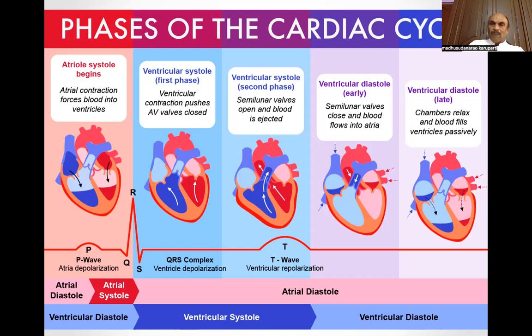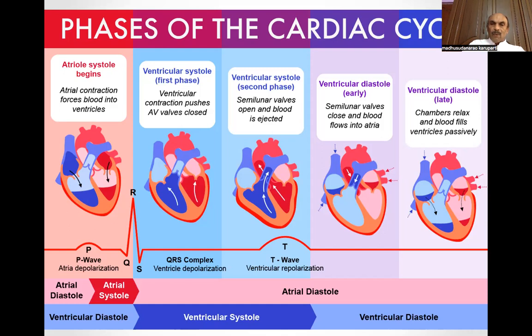Most of the blood in the atria, which receive the venous return, the right atrium from the systemic venous return and the left atrium from the pulmonary venous return, flows passively into the ventricles when the AV valves open. Only a fraction of the blood remains in the atria, which is emptied into the ventricles during atrial systole, that is the active contraction of the atria.